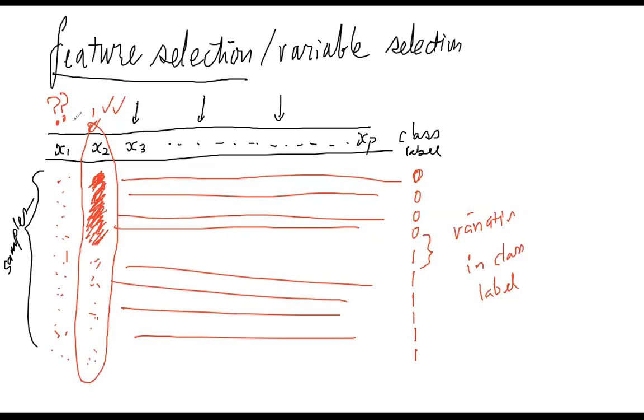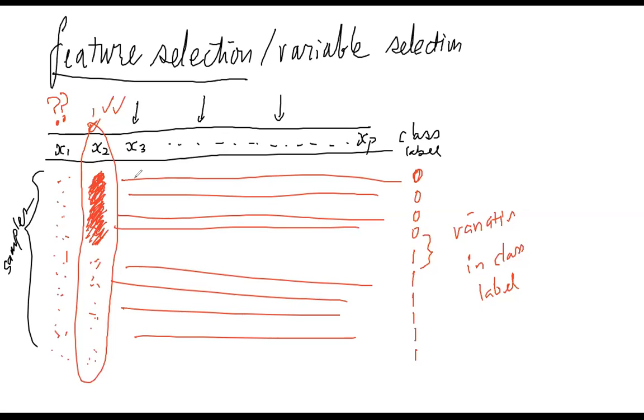It will vary from problem to problem. In some problems, if you get some variables that have a modest kind of variation, it's already pretty good. This kind of pattern of variation is very strong, and you're unlikely to get it in a lot of real data sets.